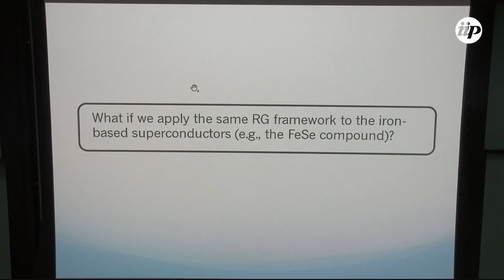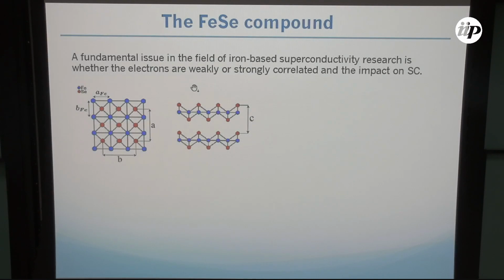But what if we apply the same RG framework, meaning the two-loop RG calculation, to a completely different system? For instance, the iron selenide compound. So this is based on this recent work that I did with my student, Rafael Caetano. So why do we choose iron selenide?